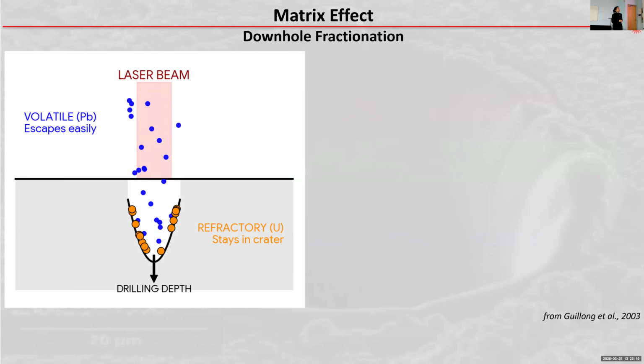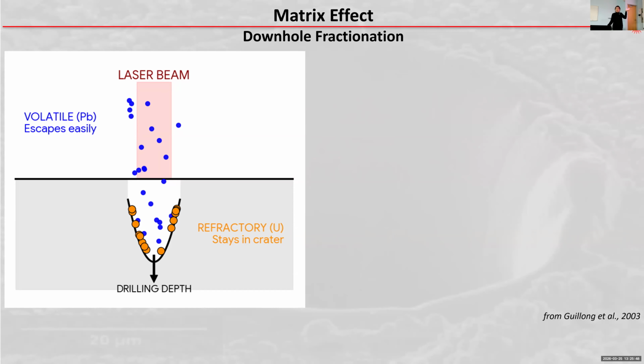Downhole fractionation is what everybody is scared of in laser ablation ICP-MS. It is a very simple effect: refractory elements, that is, elements with a high condensation temperature, tend to stick around the crater walls, or tend to be more sluggish than the volatile elements with a lower condensation temperature, which prefer to escape.